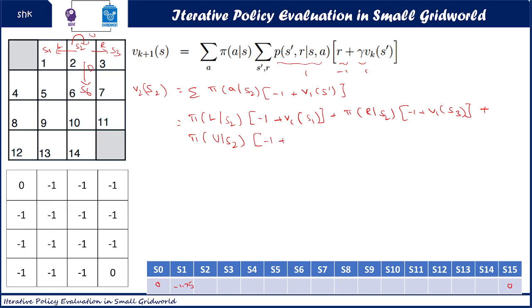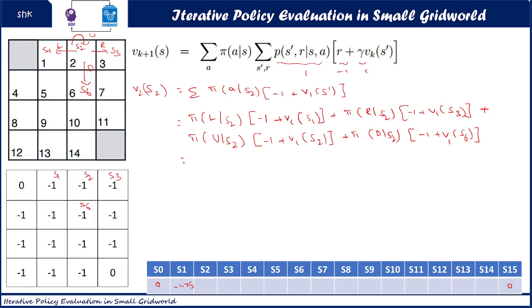When you go for the up action, we fall into the same state, so that will be written as the S2 state. Pi of the down action from the S2 state. When you take the down action, the transition is to the S6 state. So V1 of S6. Here we can see this is S2, V1 of S1, V1 of S3, and V1 of S6.